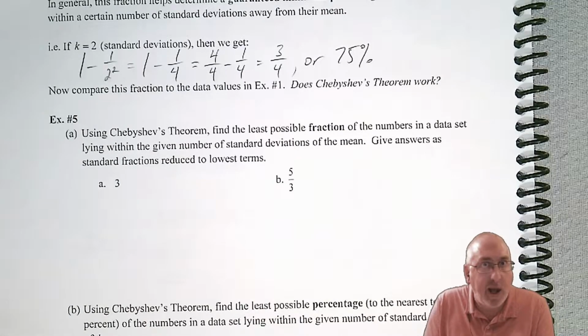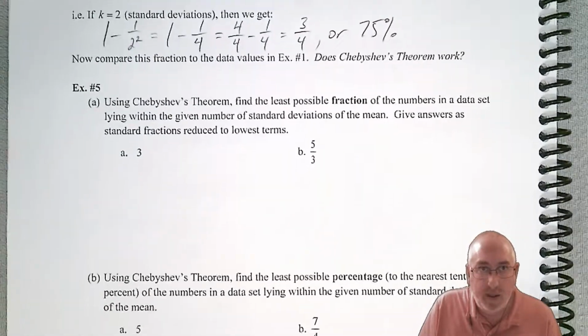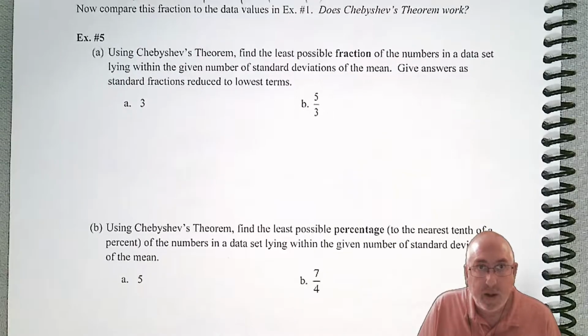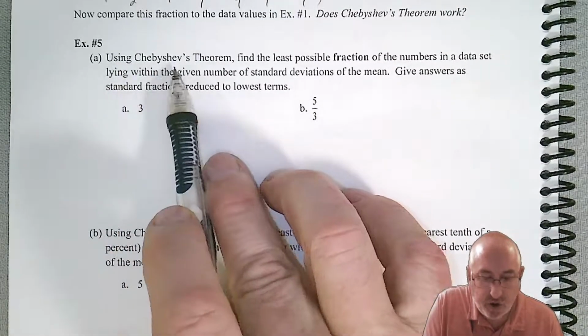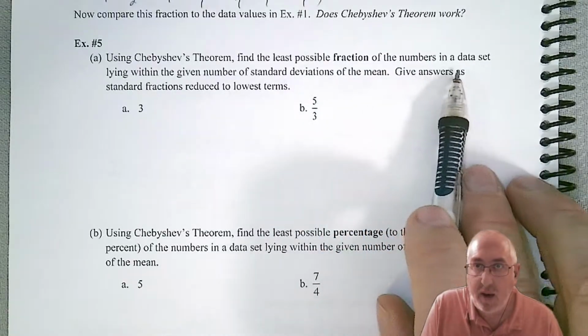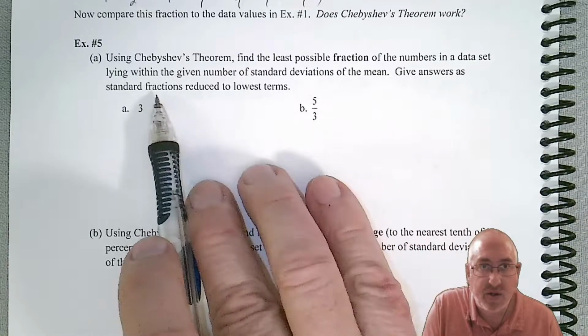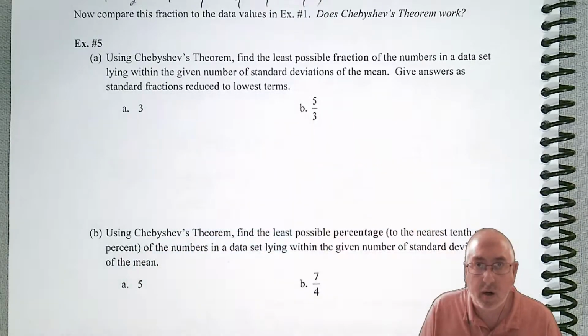What fraction do we get using Chebyshev's theorem? Let's try a few examples. Example 5 says, using Chebyshev's theorem, find the least possible fraction of the values in a data set lying within the given number of standard deviations of the mean. Give answers as fractions reduced to lowest terms.